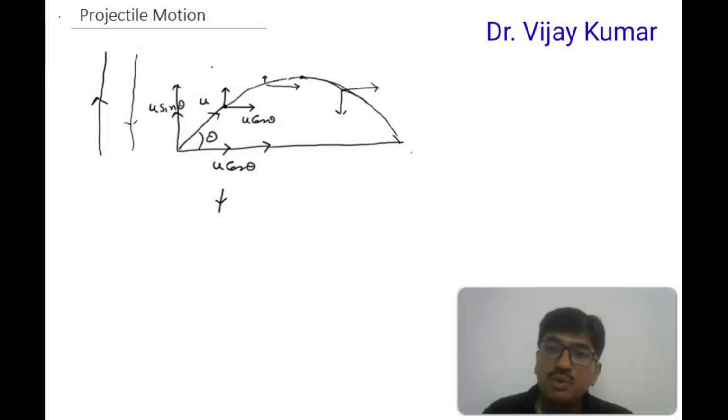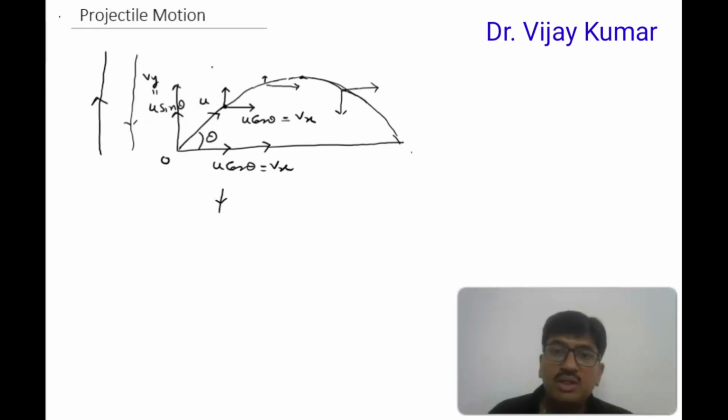Suppose at this situation, this is vx and this is vy. In this situation vy decreases, however the horizontal component remains the same.